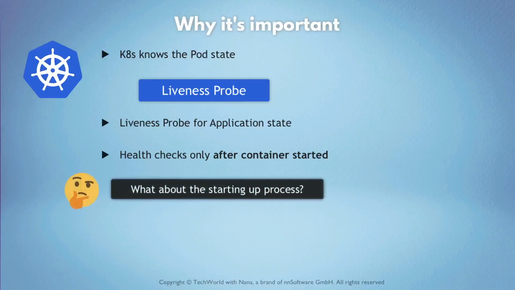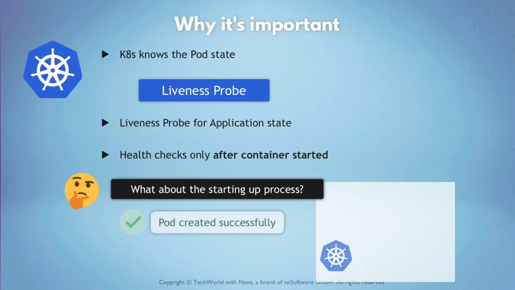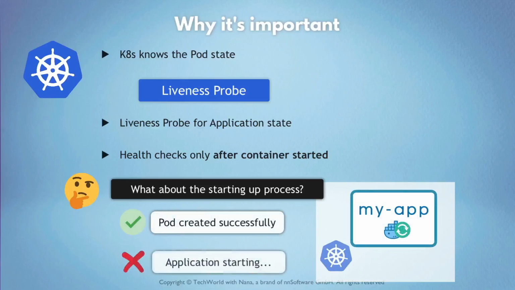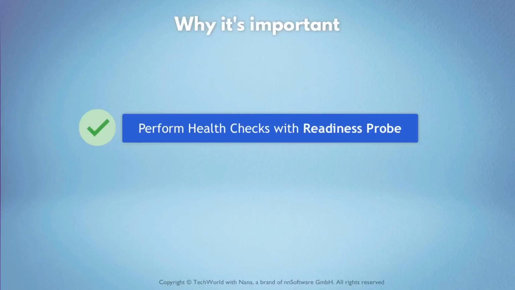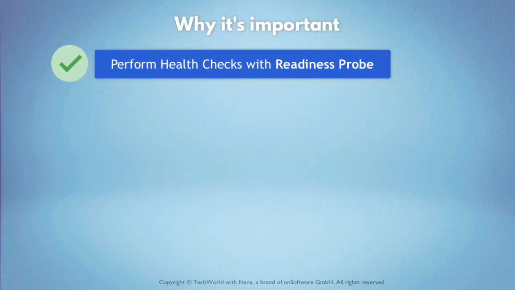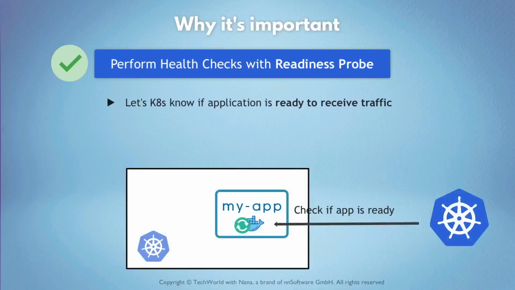But what about the starting up process itself of the application? So pod was created and now the application inside is actually starting up. How does Kubernetes know that the application is fully initiated and started and ready to receive the requests? That's where readiness probe helps. It lets Kubernetes know that the application is ready to receive traffic.